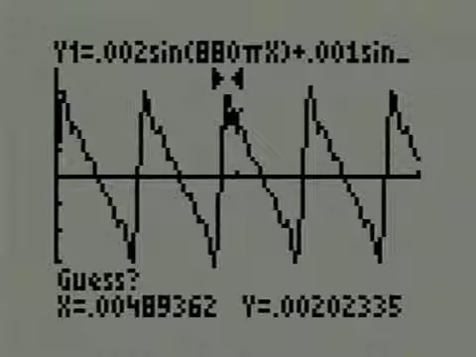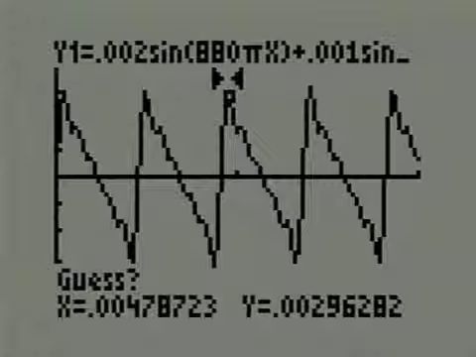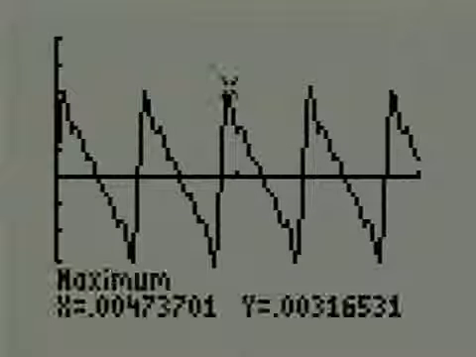Maybe I'll move a little closer for my guess, and let the calculator run its program. So the maximum value is the y-coordinate, which is 0.00317 if you round to the 5th decimal place. Note that it occurs at x equals 0.0047.